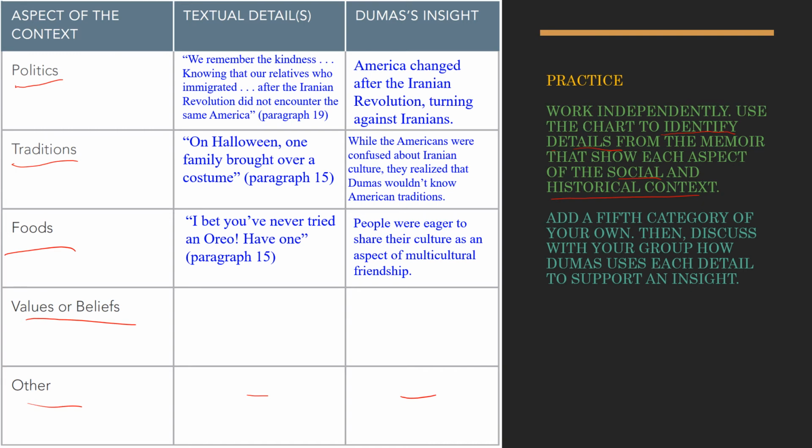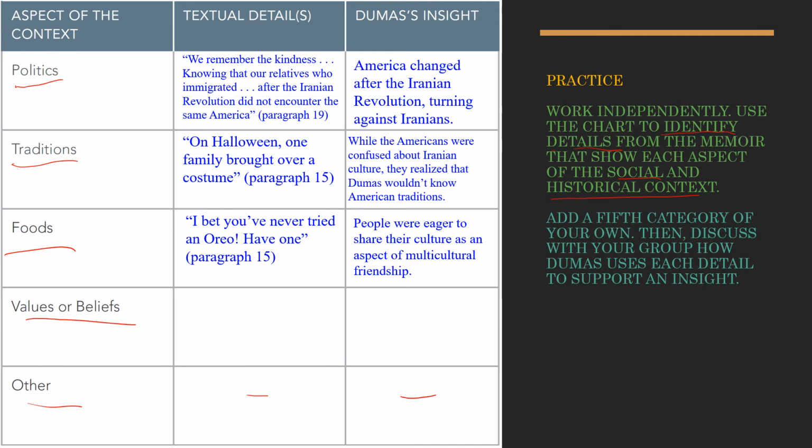So one of those examples, when we talk about the aspect of food, is them asking her to try an Oreo, which is American and not Iranian. In doing so, they show that they want to share their culture, to show friendship through multicultural friendship.